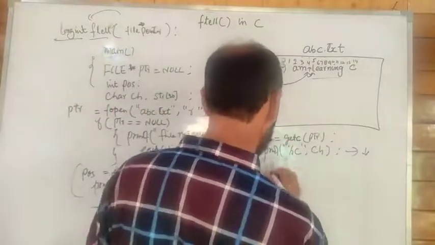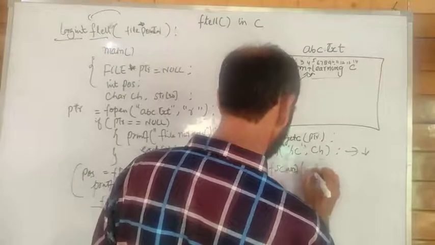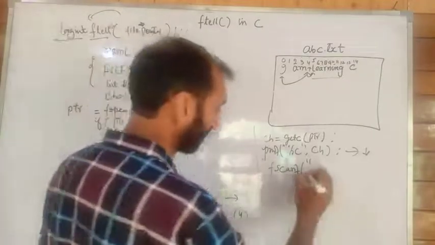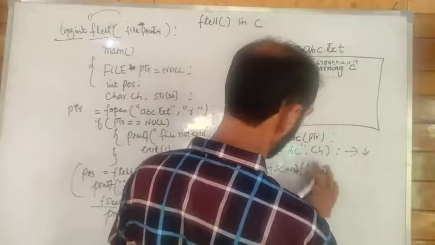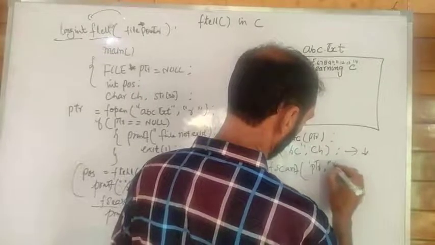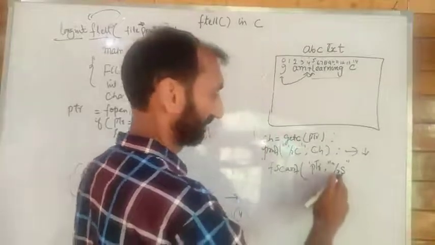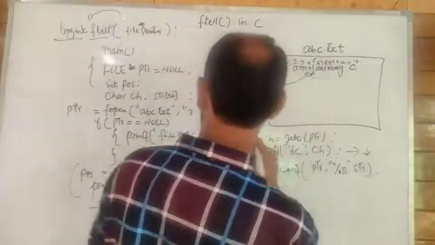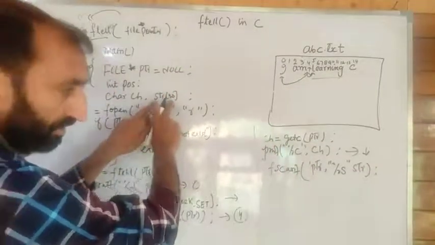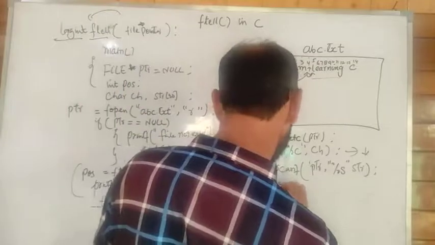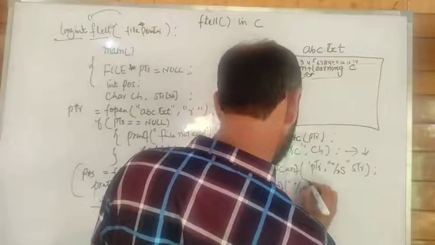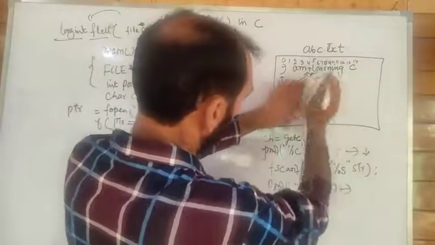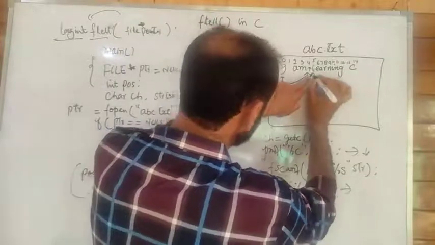So we can simply write fscanf, and it takes the file pointer name fptr, then %s, because %s is the format specifier for a string, and then the string name str, which I have declared. So printf %s str will print the complete string, because now the file pointer is pointing to this.